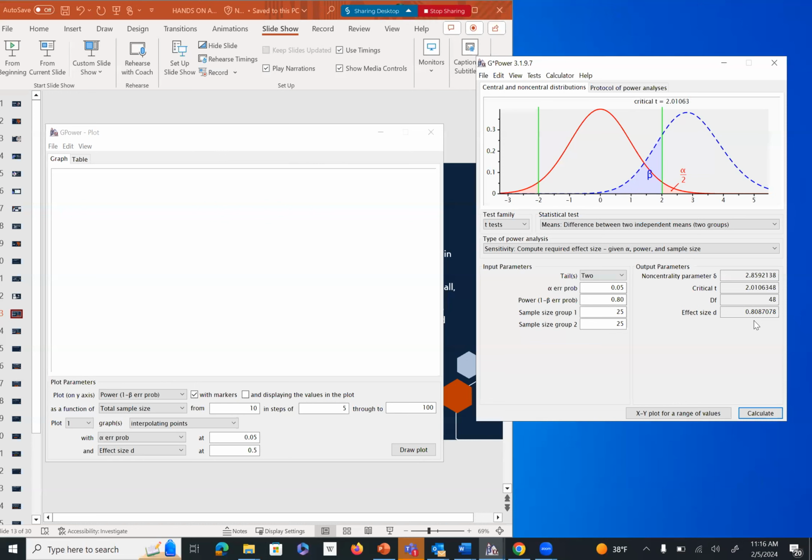So my sample size is very small, and it detects only a small difference with 80% power. It's showing only a small significant difference between my group A and group B. But if I want to see more of a difference between my two groups, like a medium effect, I will have to increase the sample size.